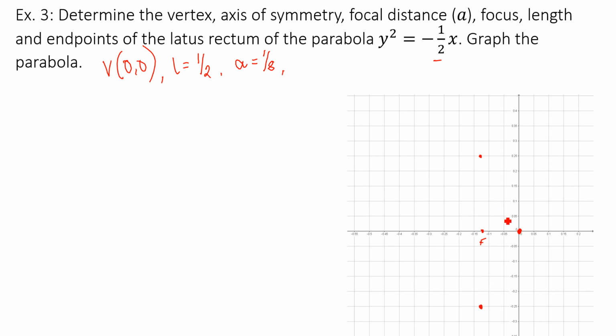In other words, our L1 must have the coordinates (-1/8, 1/4), negative 1/8 because it's open to the left. And the second endpoint of the latus rectum must be (-1/8, -1/4).